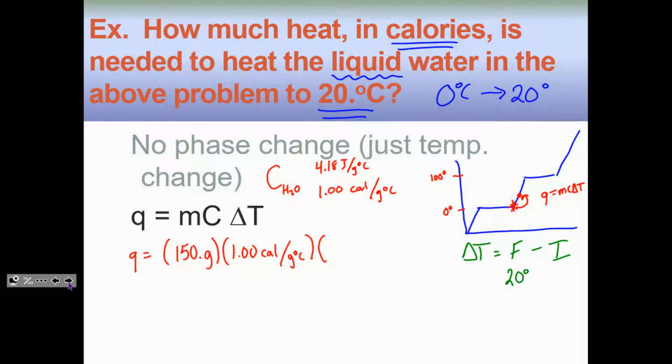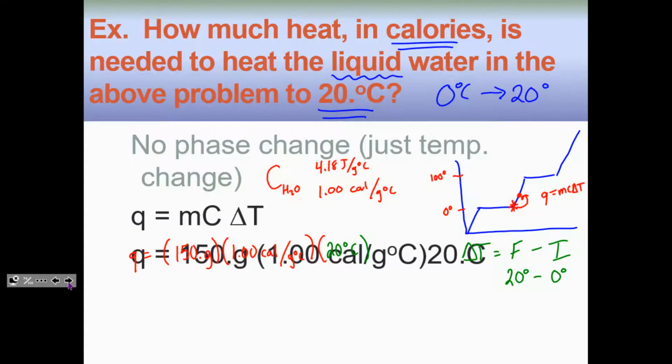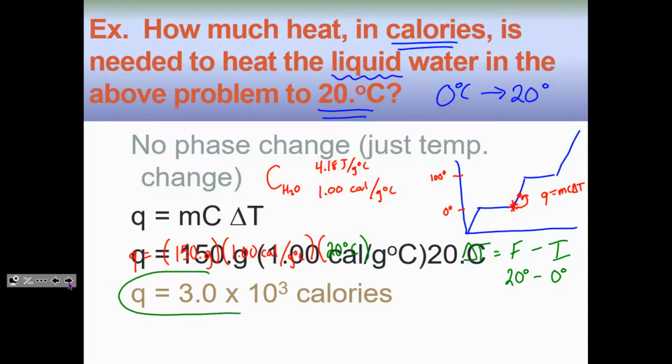So 20 degrees minus 0 degrees, which is 20. And then I'm going to click forward to get my final answer of 3.0 times 10 to the third calories.